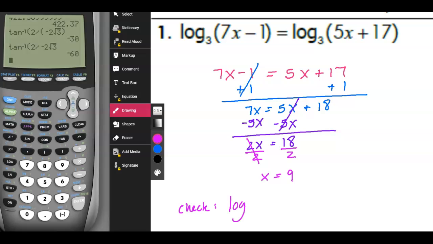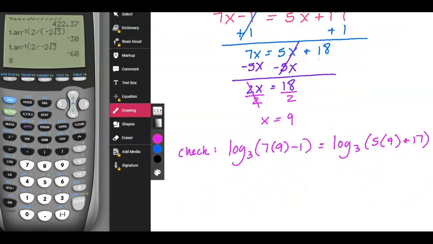So we have log base 3 of 7 times 9 minus 1 equals log base 3 of 5 times 9 plus 17. Do you think I'm doing this all in my head? No. I'm pulling out my calculator. How do I get log base 3 in my calculator? What do I press?